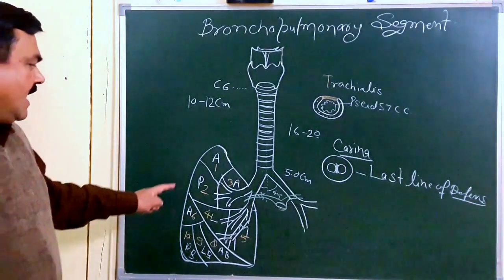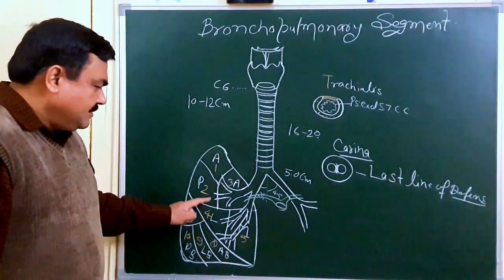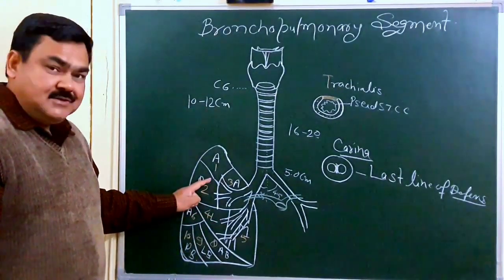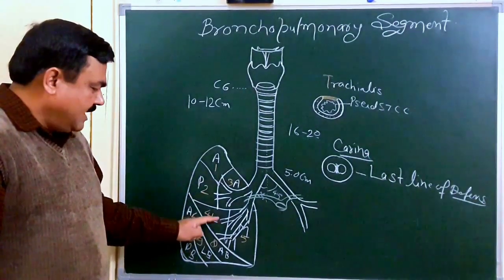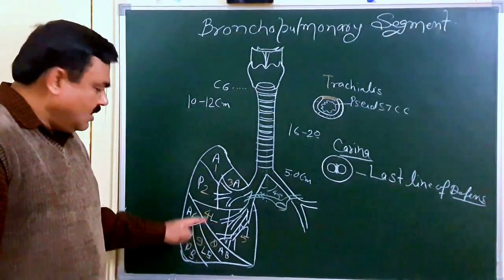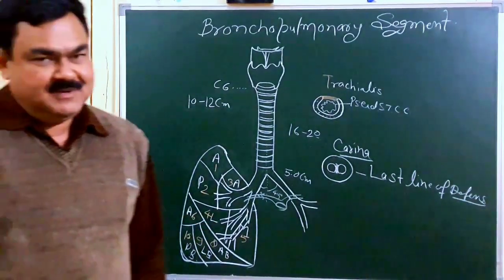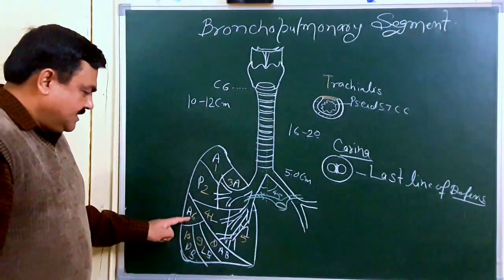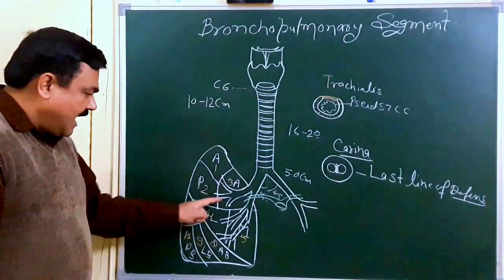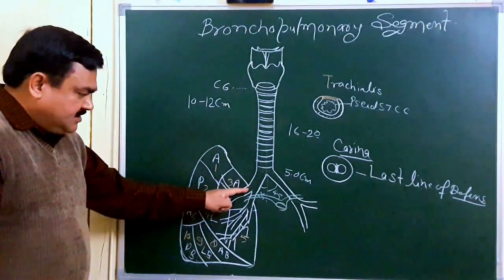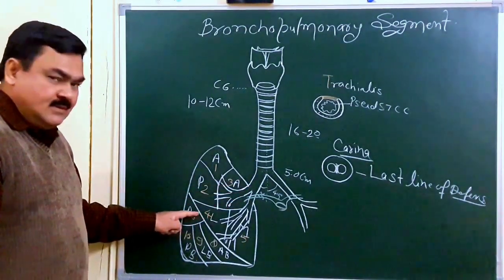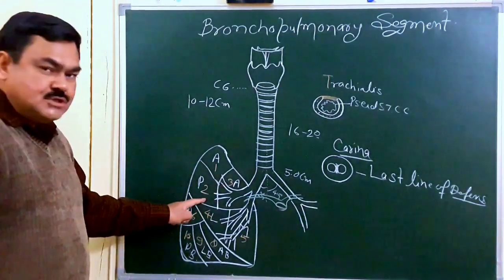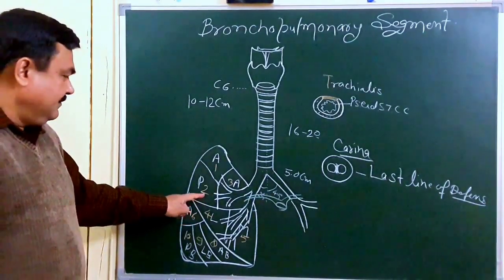So right lung has 3 lobes: upper lobe, middle lobe, and lower lobe. Upper lobe has 3 bronchopulmonary segments, middle lobe has 2, and lower lobe has 5. These number 2 and 6 are more in line with the principal bronchus, so these two are mostly infected.